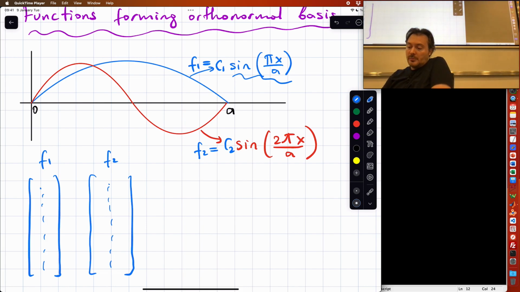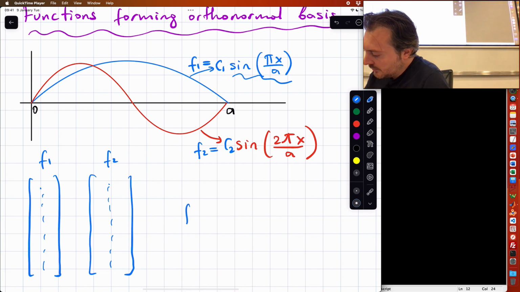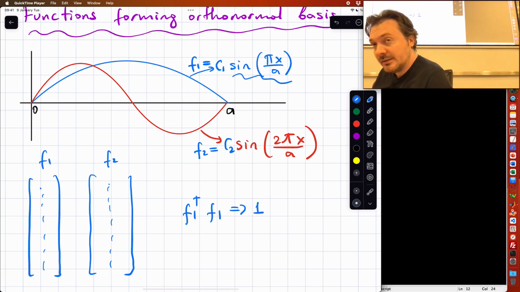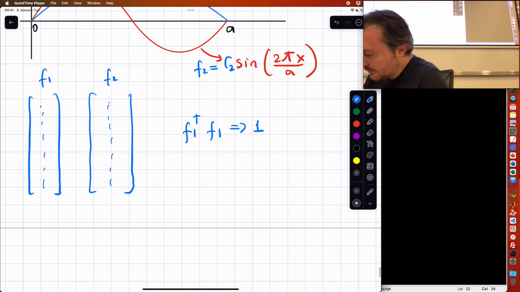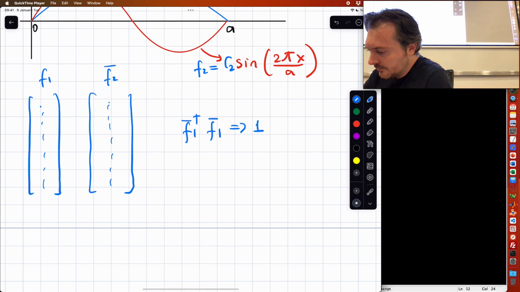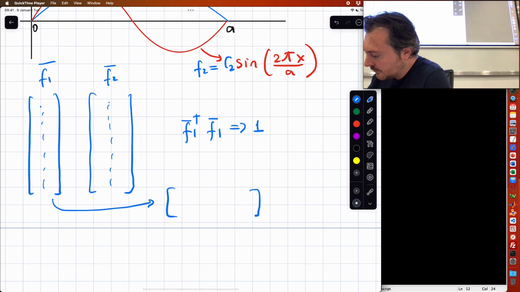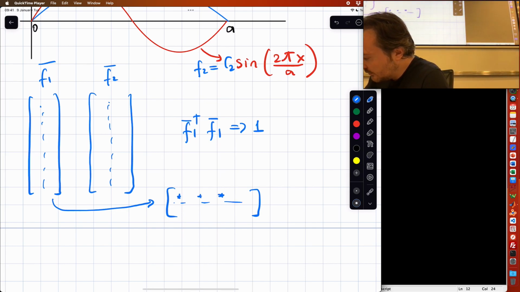So what do you need to make it, first of all, normal? How do you normalize it? You have to do f1 dagger f1, and it should be 1, right? What does f1 dagger mean in our case when they are vectors? It means that you take this, you conjugate those values, and you multiply with the other ones.